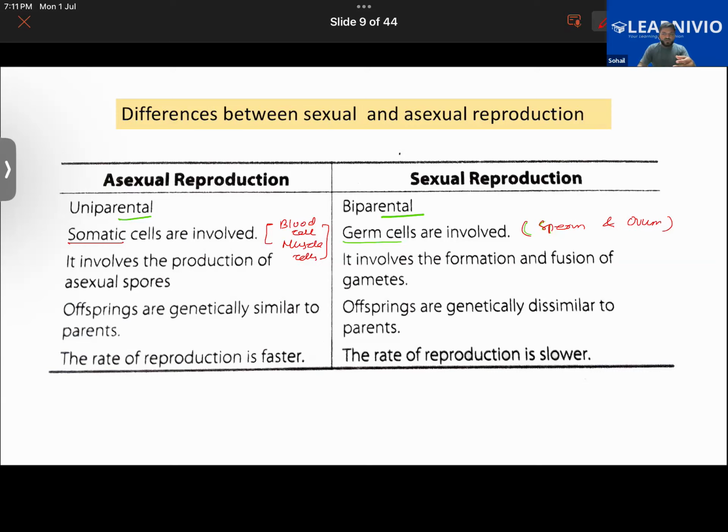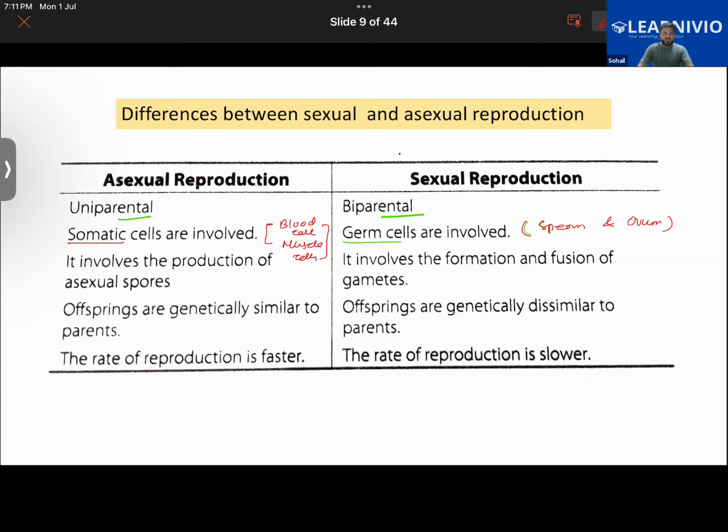Also, germ cells like sperm and ovum are very few as compared to other cells in the body. Muscle cells, bone cells, or nerve cells are much more in number as compared to sperm and ovum cells.